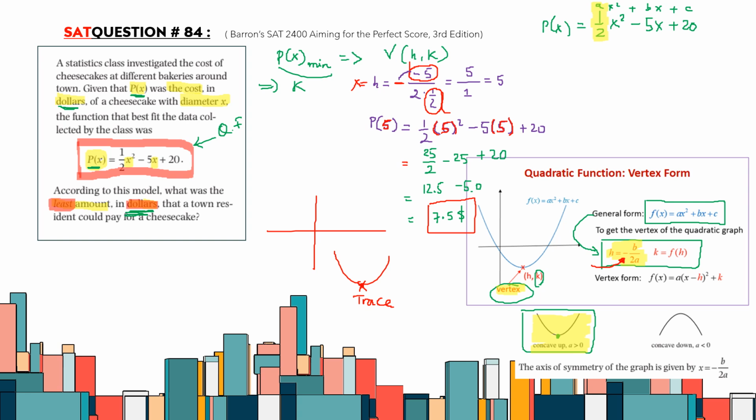So with the diameter x equals 5. They just say the diameter x, but they don't say in what unit. It could be inches or maybe centimeters, but they didn't say anything, so we don't care.